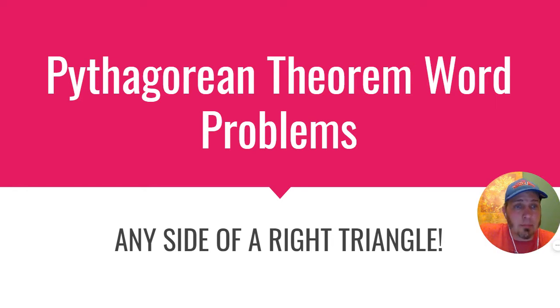So it's not that they don't like math, it's that they don't like English. So that would mean you talk to Miss Fairchild, or if you have Miss McDonald, talk to her, because that's the problem, right? It's the words that mess it up. Let's see if we can make sense of it so that you can be successful in this. All right? Pythagorean theorem word problems, any side of a right triangle. So we could find the A side, we could find the B side, or we could find the C side.